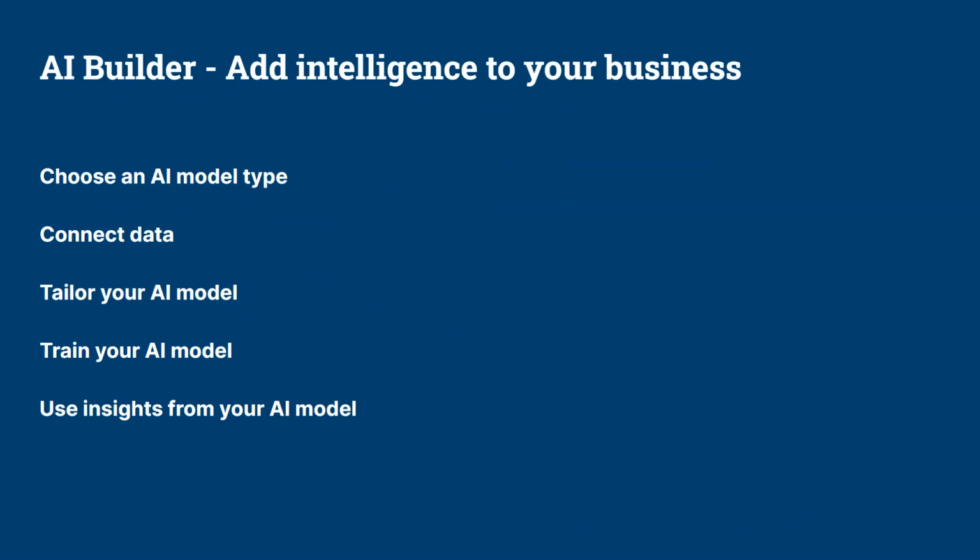So we first choose a model. There are a bunch of predefined models given within AI Builder. After choosing that model, we connect to our data. Then we tailor our model. So we customize and tweak our model based on what data we feed to it. Then we can train our model and use insight from the model in the application.